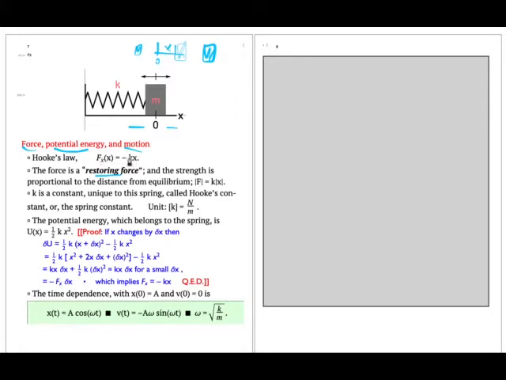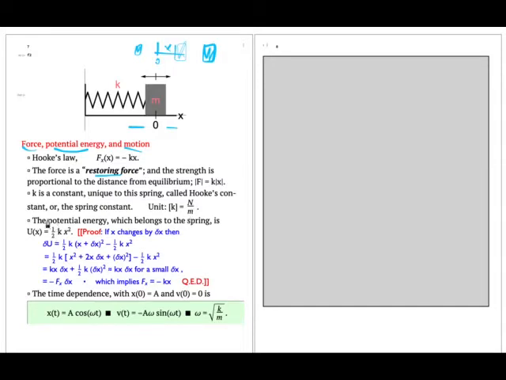Force is newtons, x is meters, k is newtons divided by meters, times meters gives me newtons. So k has to have units newtons per meter. Of course, it could be expressed as newtons per centimeter or some other unit, but it'll always be a force divided by a length.